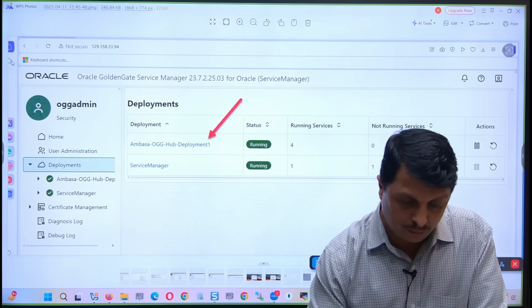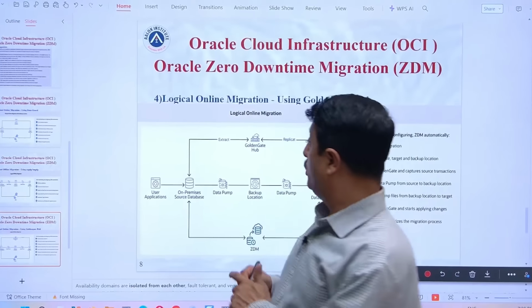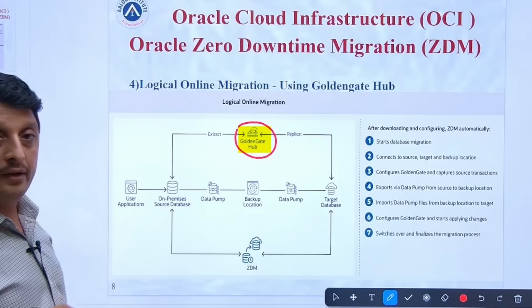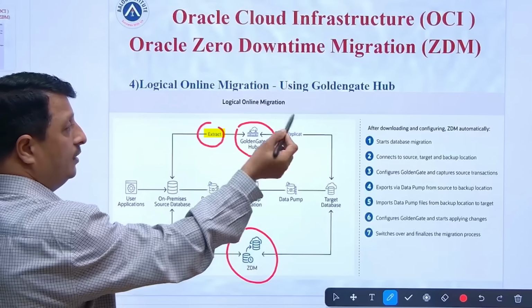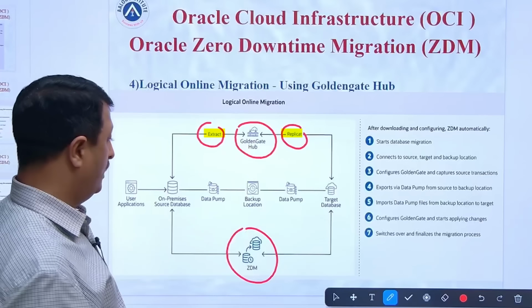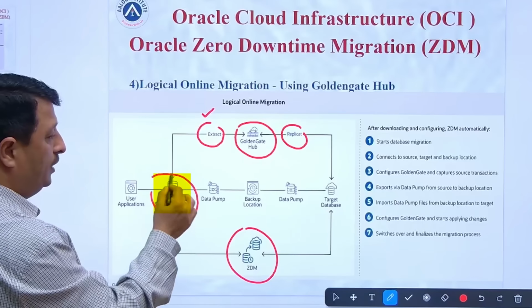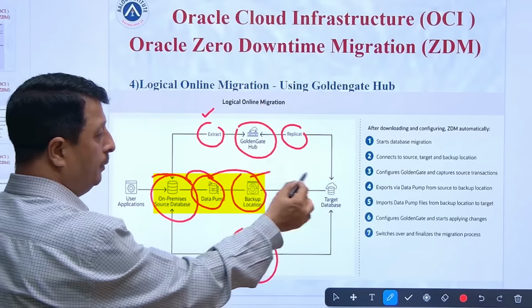Let's take an example. You prepared this. Here you go. So what have we prepared? We prepared this one. Why do we prepare this? So that later ZDM will go ahead and prepare this extract and replicate, and initially it is preparing only this. It will perform the logical backup, transfer the backup to my storage, and do the import.